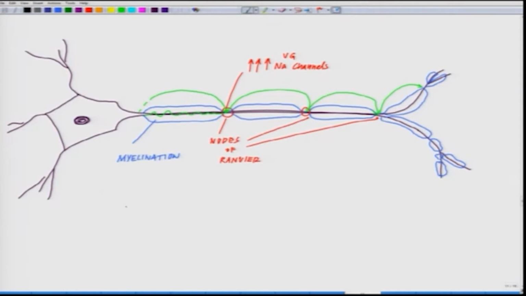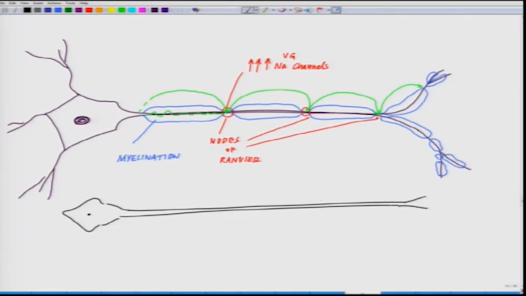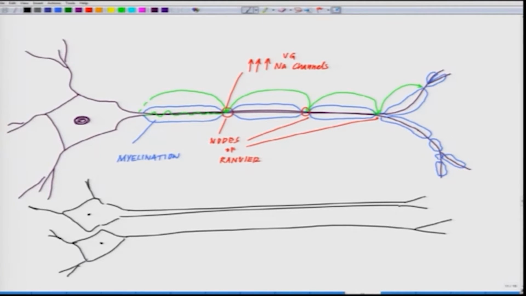Say for example I draw one axon of one neuron, and there is another neuron side by side, because these are nerve tracts and nerve tubes which are moving, and if these are close by and there is no covering, the excitability happening here will affect the excitability here, and not only that, in that process information will be lost.